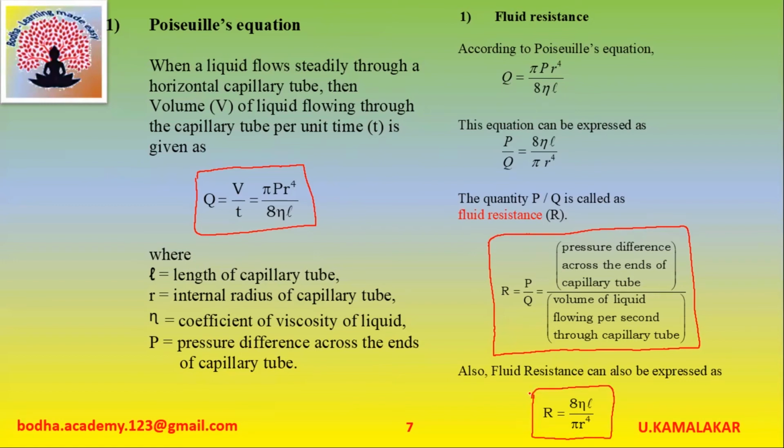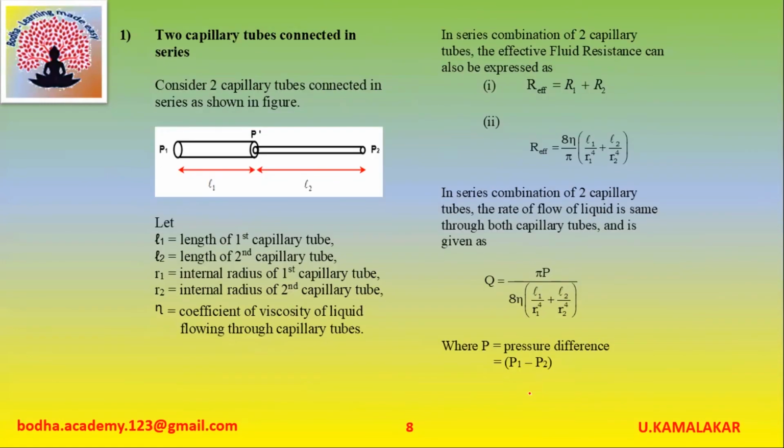Next topic, consider two capillary tubes connected in series as shown in figure. Let L1 is length of first capillary tube, L2 is length of second capillary tube, R1 is internal radius of first capillary tube, R2 is internal radius of second capillary tube, eta is coefficient of viscosity of liquid flowing through capillary tubes.